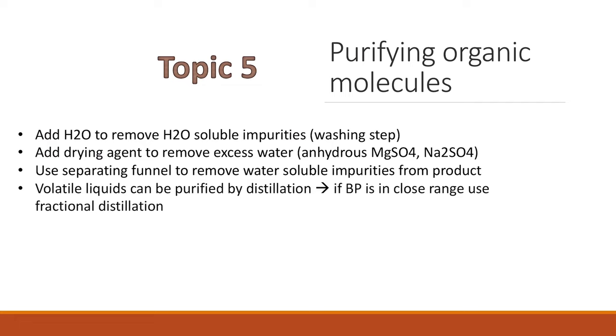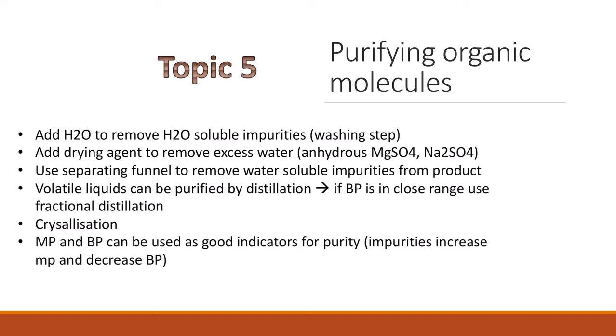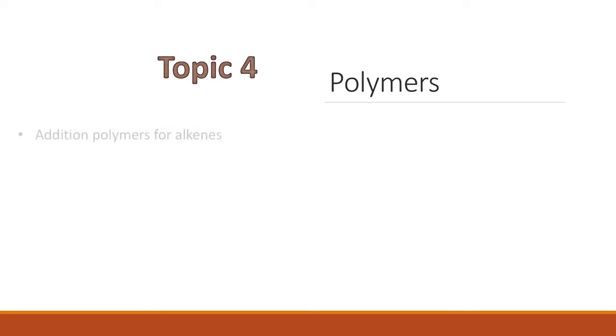Remember that volatile liquids can be purified by distillation, and if the boiling points of the different products are in a close range, then you use fractional distillation. Remember how to do crystallization for your solid, and that the melting and boiling points can be used as a good indicator for purity, because impurities increase the melting point and decrease the boiling point.